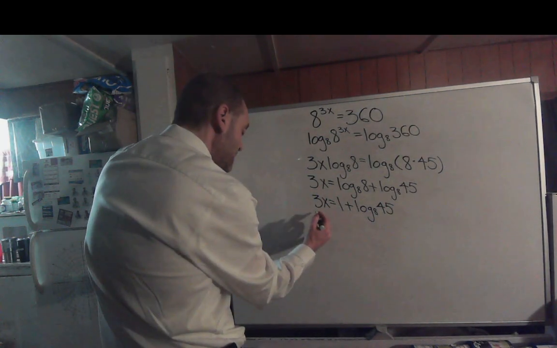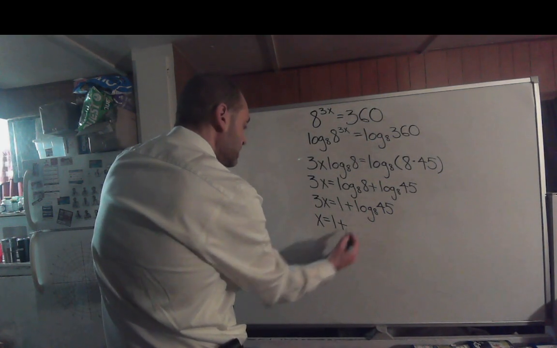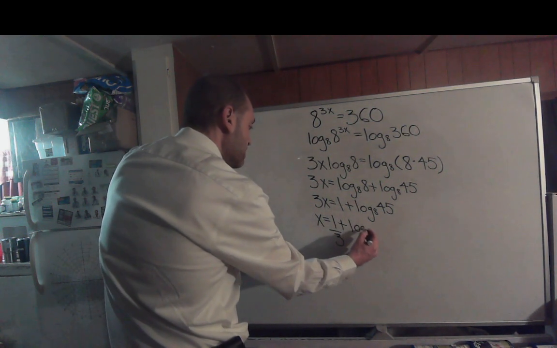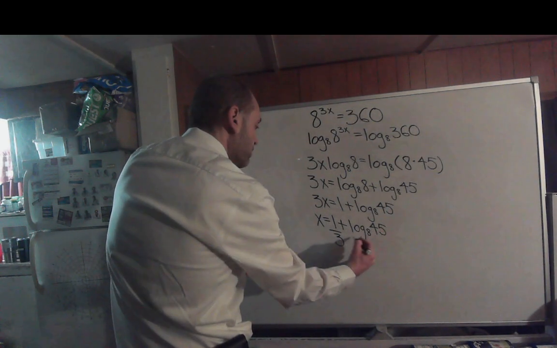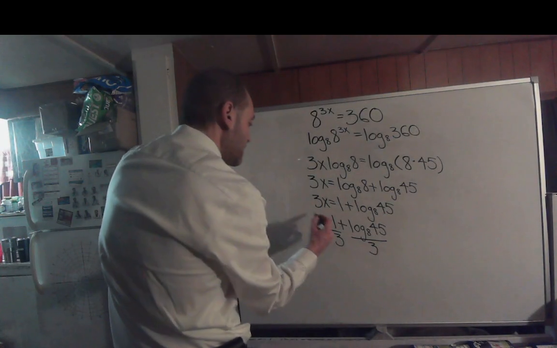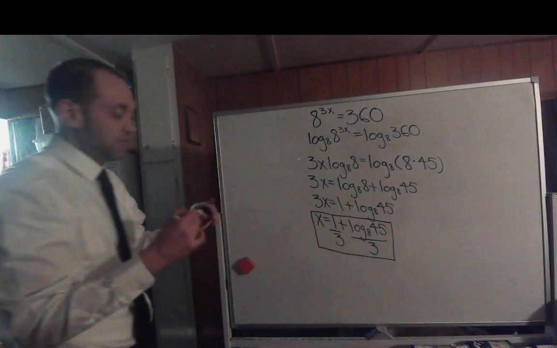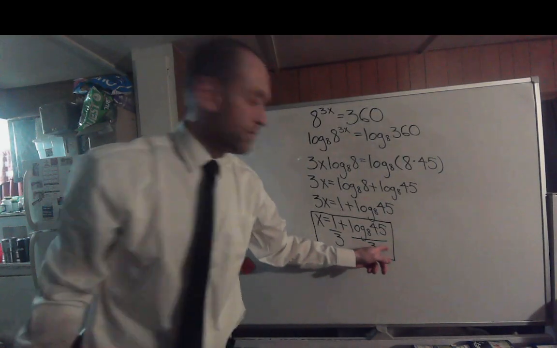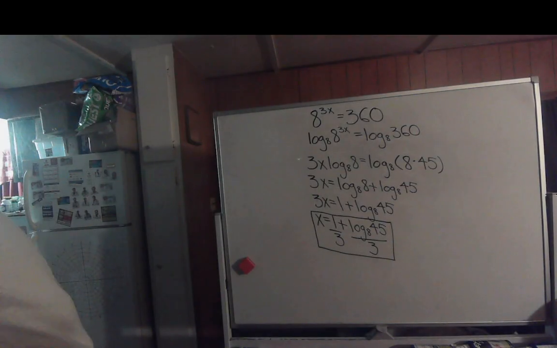So x itself is going to equal 1/3 plus log base 8 of 45 over 3. So that would be your exact solution for x. But we can get approximate solutions too.